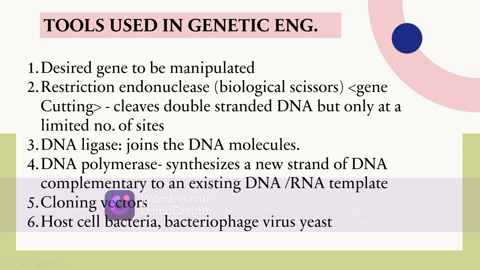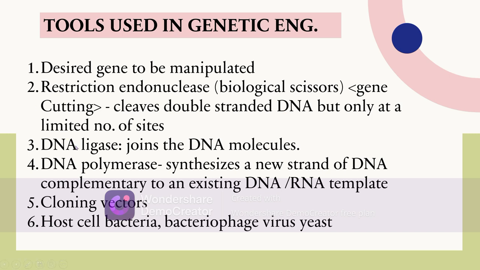Of course the desired gene which we want to manipulate or alter. Then we need a restriction endonuclease, which acts as a biological scissor or molecular scissor, which cuts the double stranded DNA at limited sites, and at the same time cuts a plasmid which is present in a bacteriophage or a yeast cell.